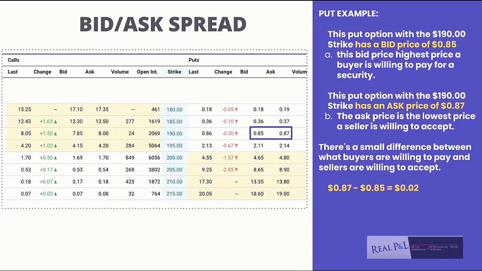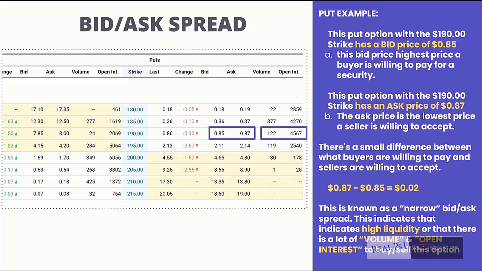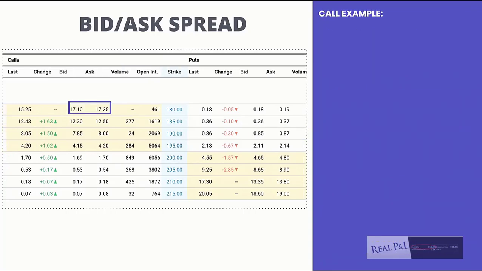There's a small difference between what the buyers are willing to pay and what the sellers are willing to accept. You can see 87 minus 85, a 2-cent differential between the bid and ask. This is known as a narrow bid-ask spread. This indicates high liquidity, or that there is a lot of volume and open interest to buy and sell this particular option.